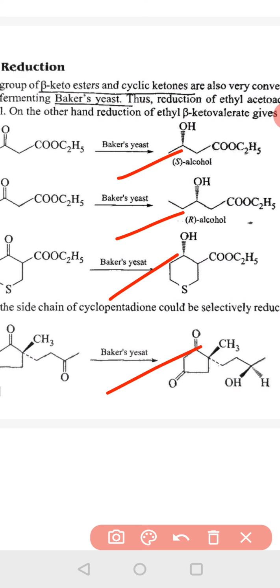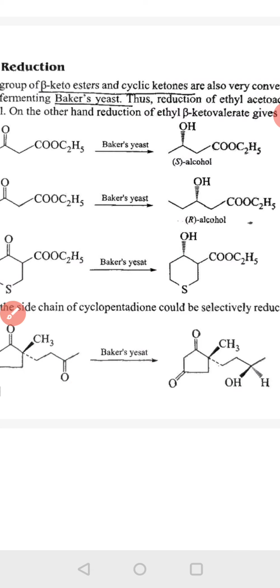The ketonic moiety in the side chain of cyclopentadiene could be selectively reduced to the R alcohol when we treat it with baker's yeast. This is the CO group in the side chain of cyclopentadiene, and it is stereoselectively reduced to OH and gives the R alcohol.